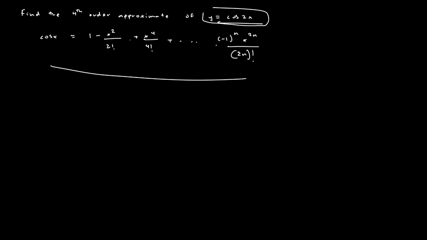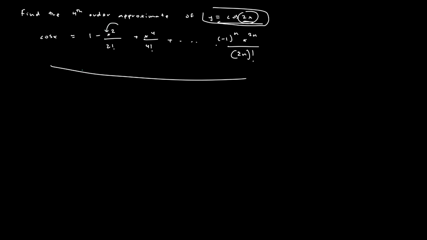The answer is yes, because we're given the Taylor series approximate for cosine x, and we're trying to find one for cosine 2x. This is the Maclaurin series of cosine x because the center is 0. When we want to find cosine 2x, all we can do is plug in 2x.